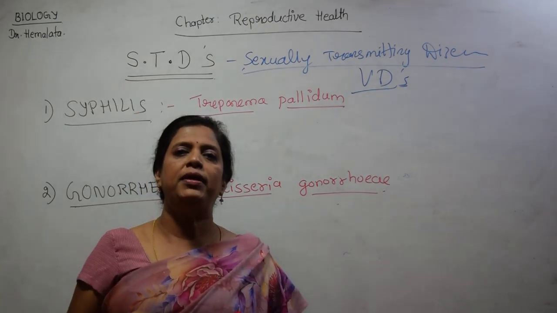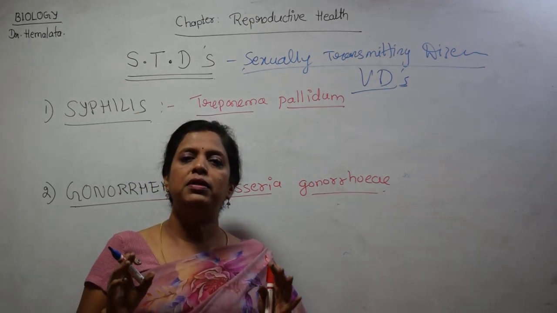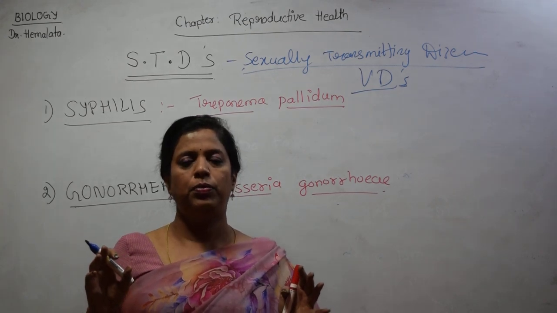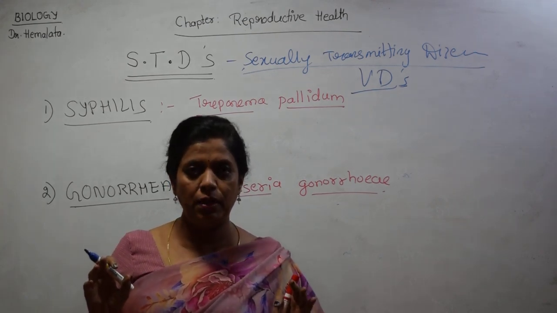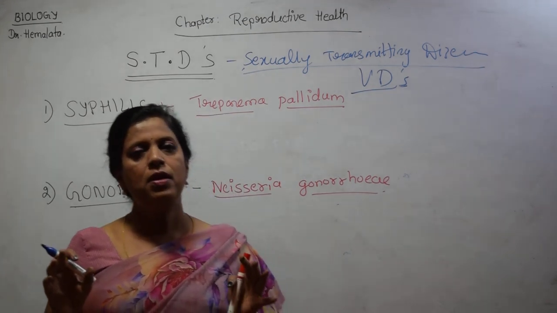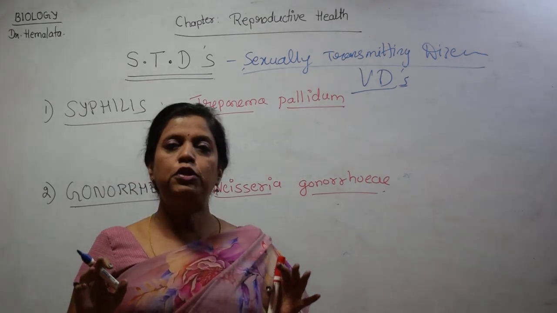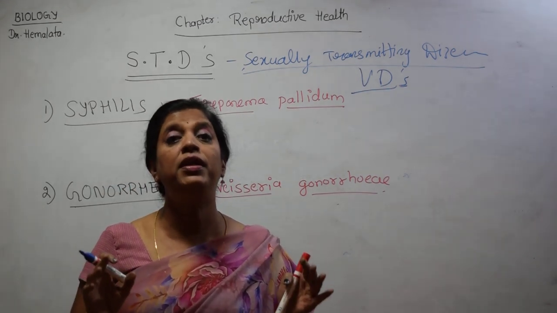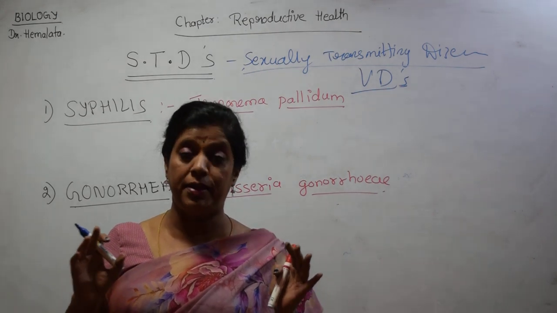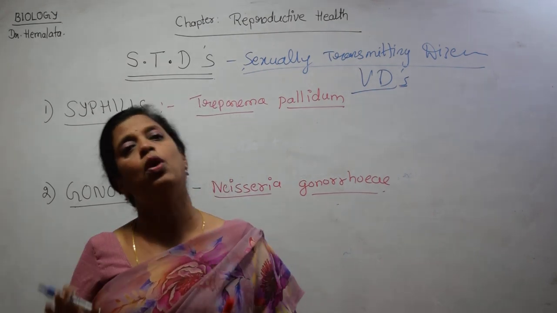What you have to understand is that these diseases are very problematic to both men and women because they need to be treated with strong antibiotics at a very early time. When it starts, they should go to the hospital.